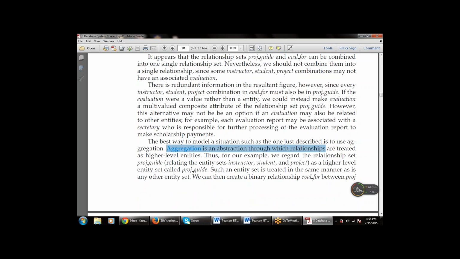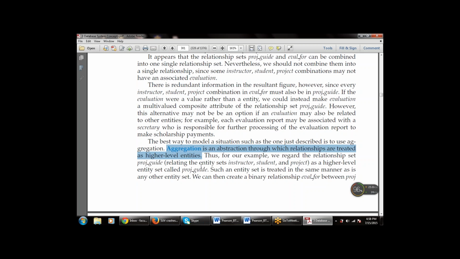So aggregation is an abstraction through which relationships are treated as high-level entities.